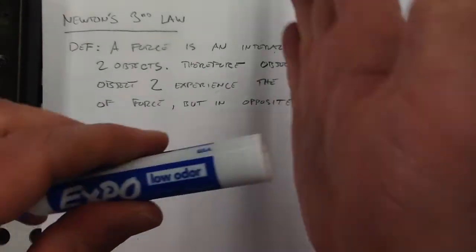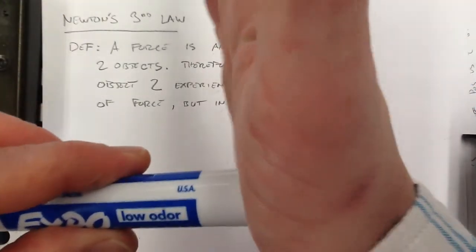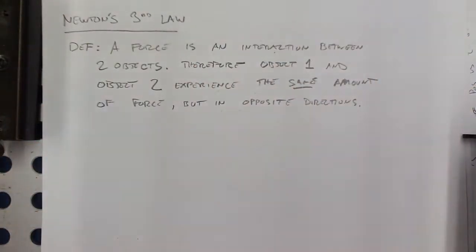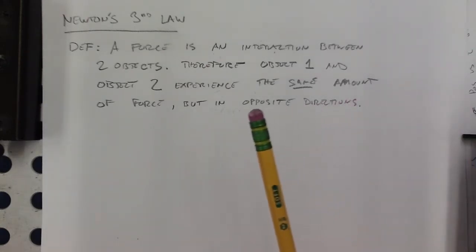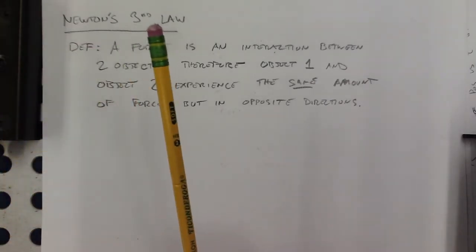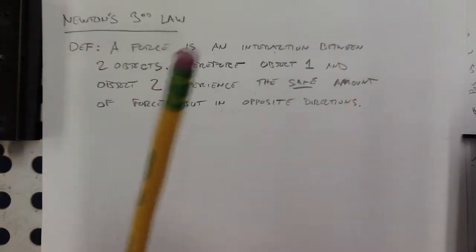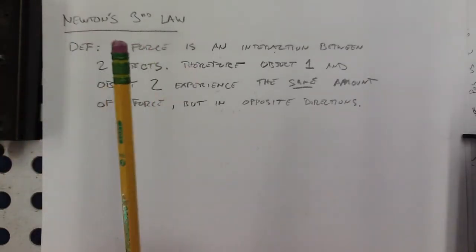Now that's pretty easy to understand when you've got two things pushing against each other and there's no motion. It's harder for people to understand, but you're going to try real hard, that this is always true. So for example, if you're watching a baseball game and you see that baseball moving in toward home plate, and then the batter swings the bat and it hits the baseball, and let's just say for fun that the baseball player hits a home run.